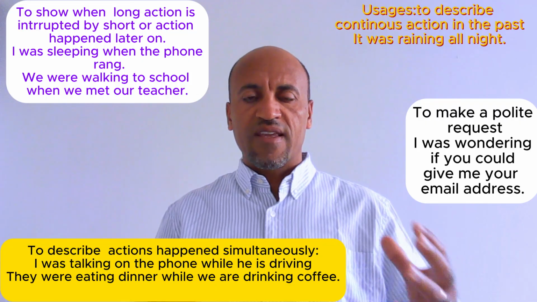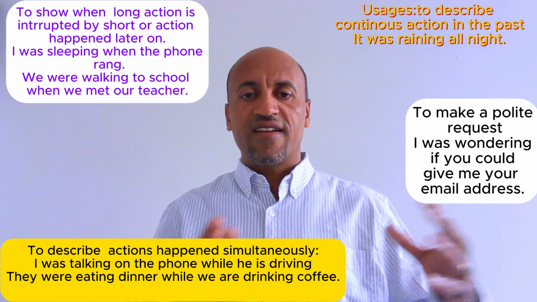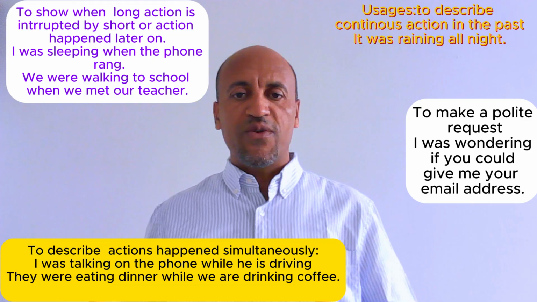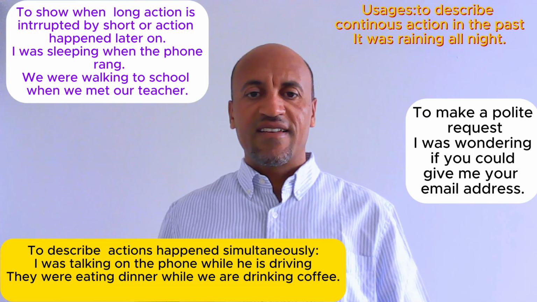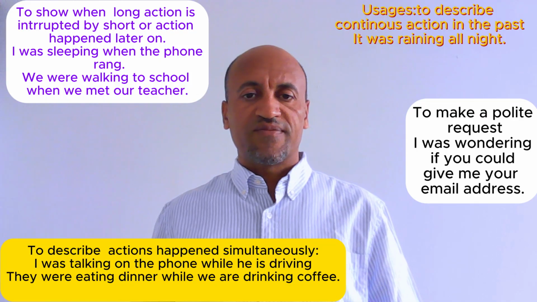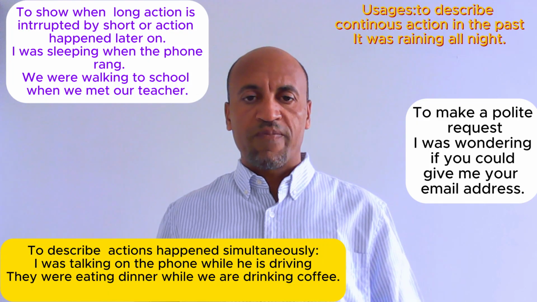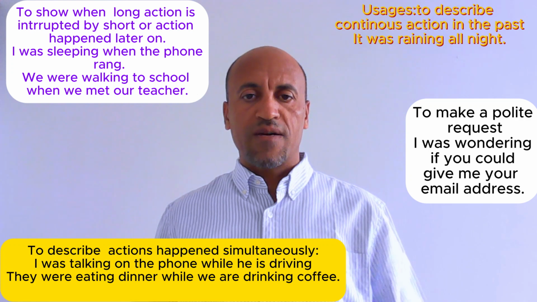Subjects I and third person singular take was, and the rest of the subject pronouns we, you, they take were. Then we use the verb in the ing form, the continuous form of a given verb.